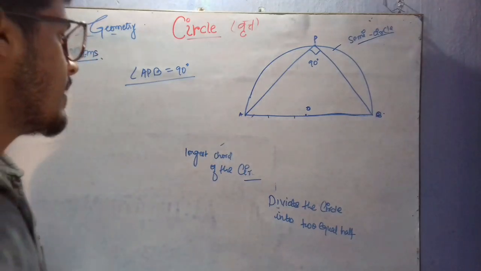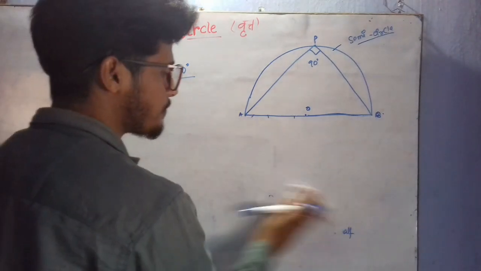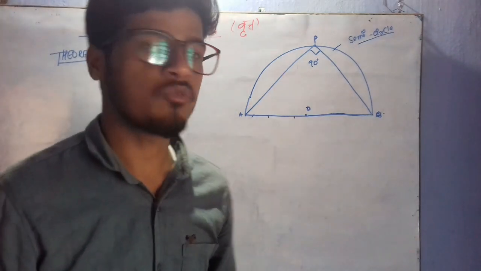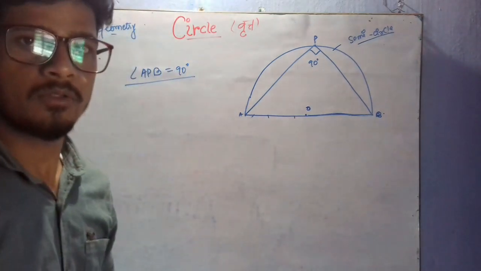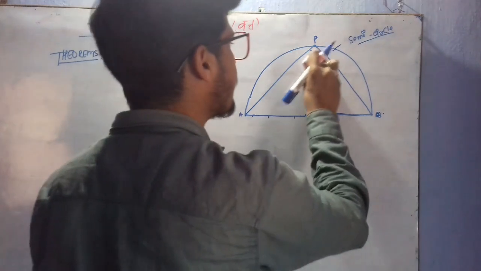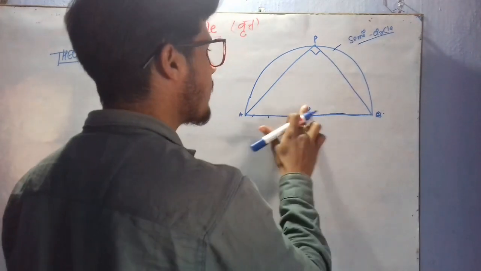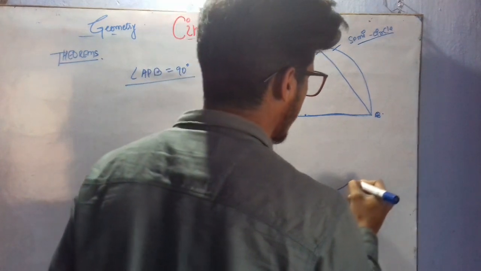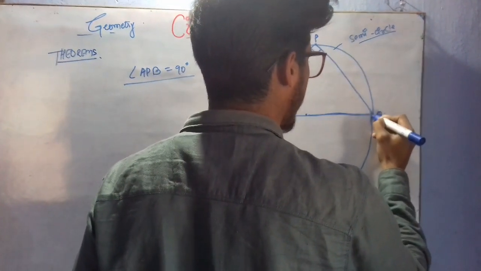will be 90 degrees. So in your exams you're gonna see such types of questions related to this theorem. For example, this is a circle.